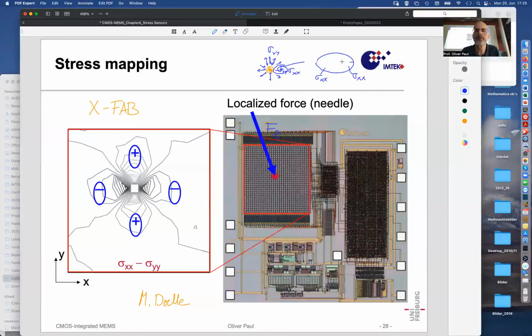So the piece of material here in the center is compressed. Because it is compressed, it would like to expand, but it can't. So it will certainly also be compressed a little bit in this direction. So there will be a little sigma yy, which would be called sigma tangential in the tangential direction.